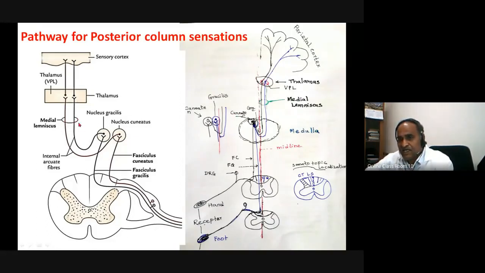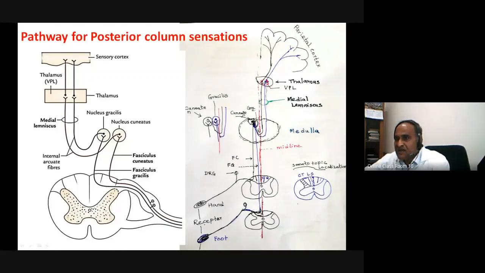These crossing fibers are known as arcuate fibers. The internal ones become outside, and the lateral ones become medial. That's what I have shown in this picture. So in the medulla, when crossing, the lateral one becomes medial and the medial one becomes lateral. That is through these arcuate fibers, a very peculiar arrangement.